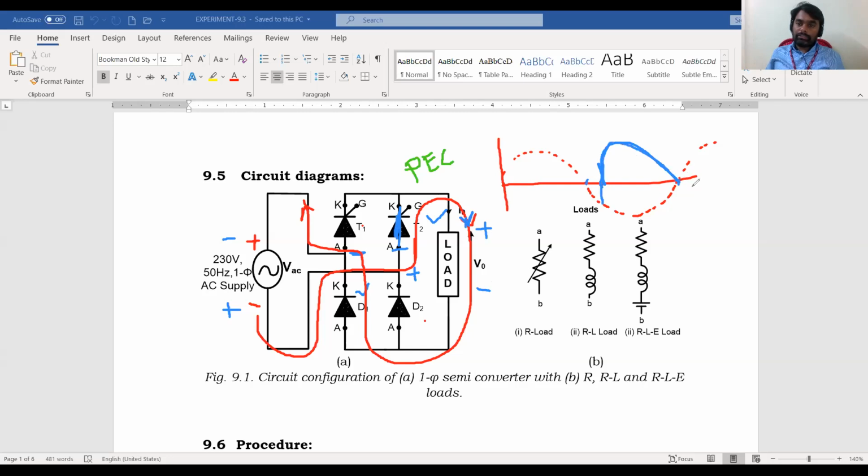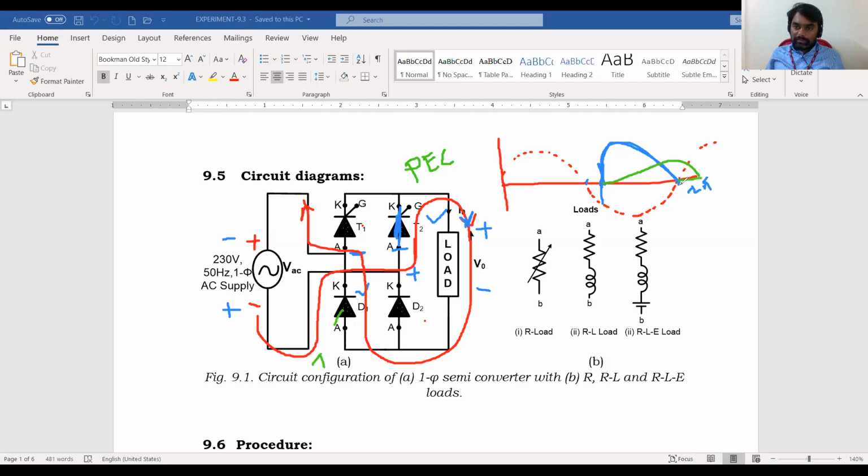Again, after this 2 pi instant, if you want to see the current waveform, current has to lag the voltage by some angle. So it is lagging the voltage by some angle. Thereafter, it will discharge at this particular point. So because of this current, if D1 is replaced by some thyristor T, then you would get this negative portion. But see the magic here.